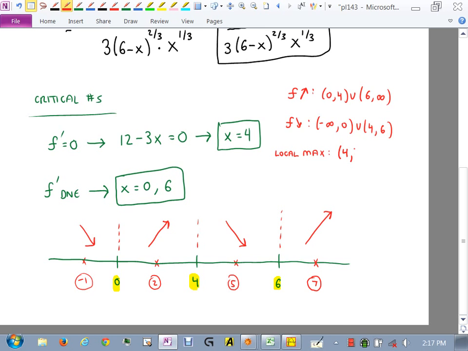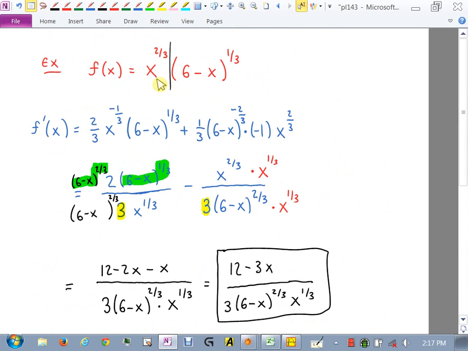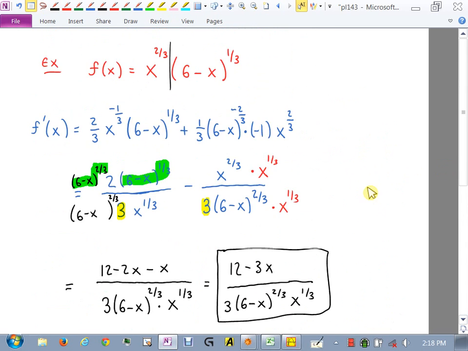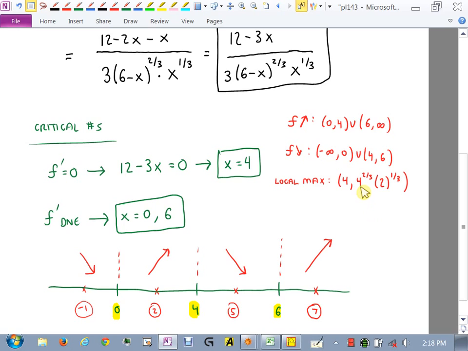Not so fun, is it? To plug 4 in here, it's 4 to the 2/3 times 2 to the 1/3, isn't it? That's what I would get if I plugged 4 in there for x.